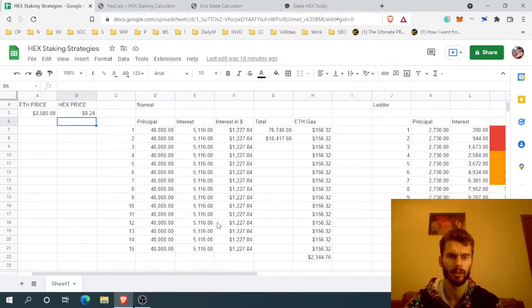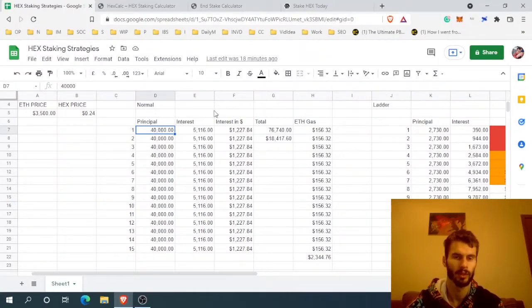So the first strategy that I want to talk about, I named it normal, which is basically staking for a year and then staking the same principal again and again and again. I have here 40,000 hex, which is very close to $10,000.